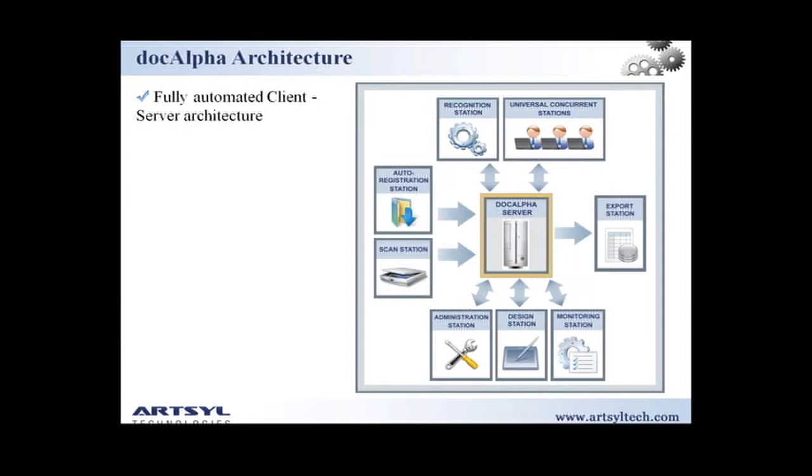Then the recognition and classification start. Classification means telling which documents are scanned into that batch or received by fax into that batch. The classification is an important step because it allows you to avoid manual pre-sorting.